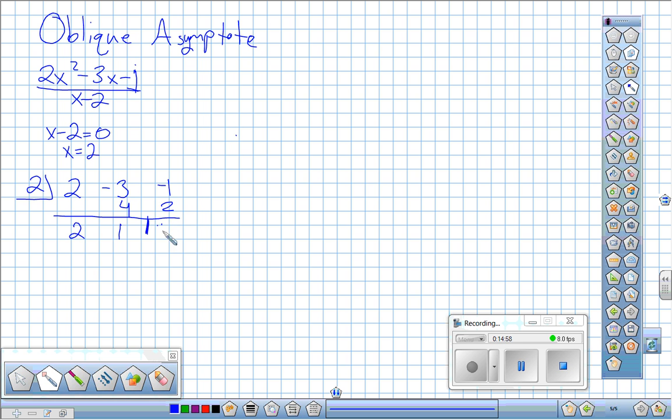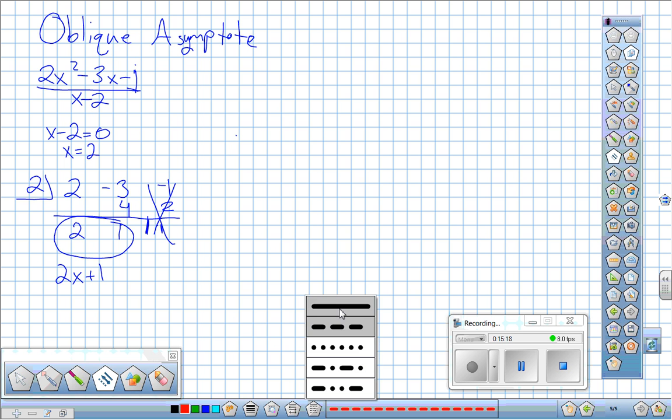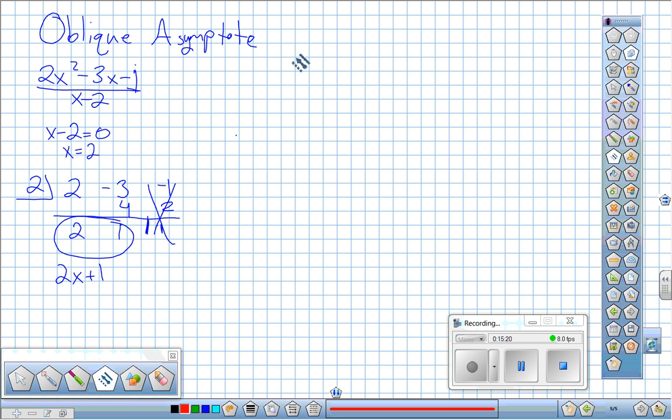Negative 1 and 2 is positive 1, and really this whole piece over here does not matter. What matters is this thing right here. So this would represent 2x plus 1 since they're both positive, and this is where my oblique asymptote will happen. So then I would have to go through and actually graph this line on there.